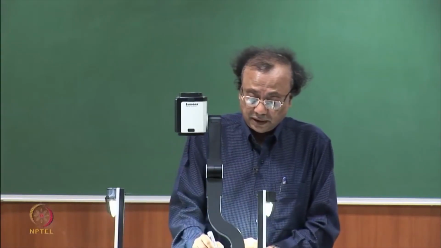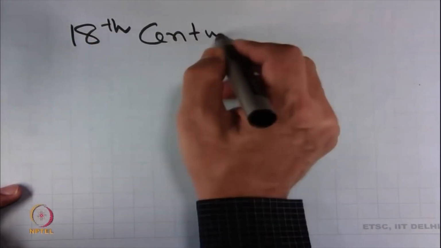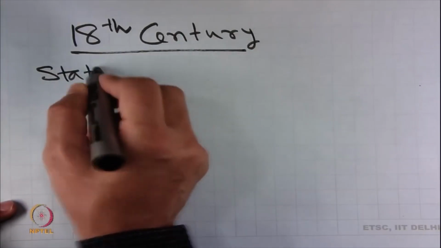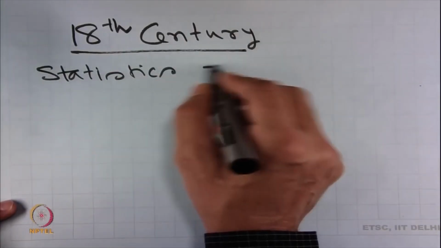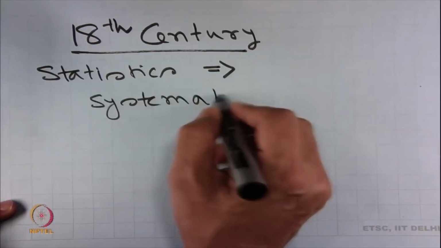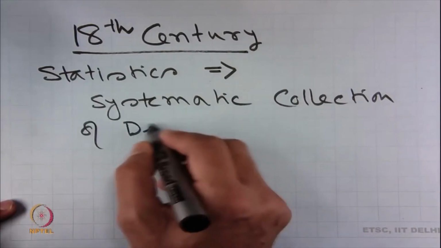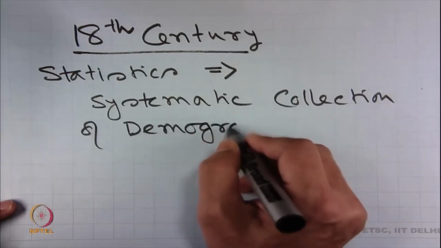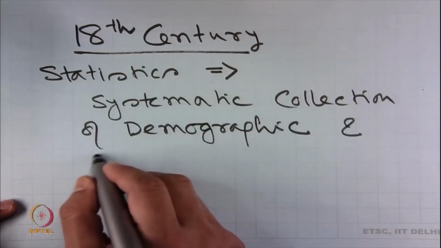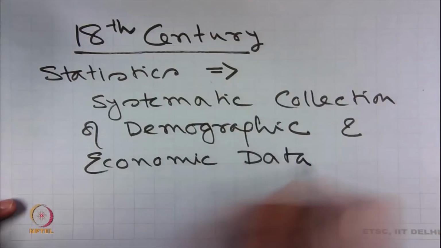By the time 18th century, statistics more or less stand for systematic collection of demographic and economic data by states.